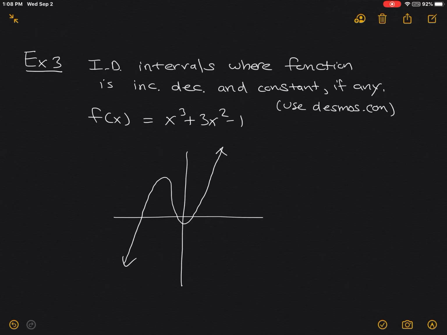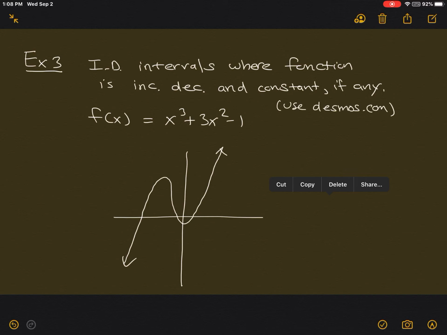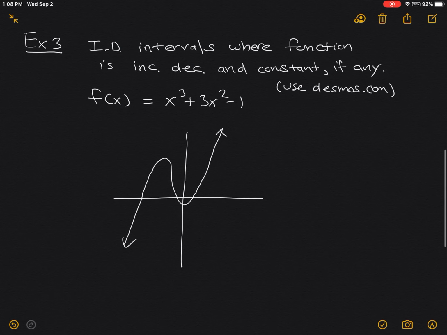Before we get into the actual numbers, I actually need some values, and I'll get that. If I ask you, where is the function increasing? Again, you want to look at your graph. The y values are on your graph. You want to go from left to right on the x-axis. If I say, point to me, where is it increasing? You would say, it's increasing right here.